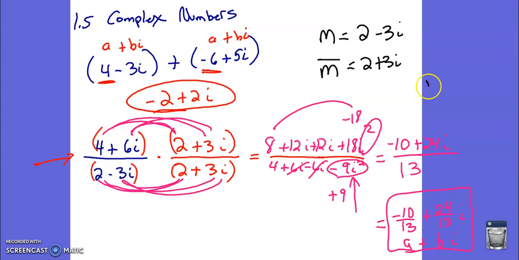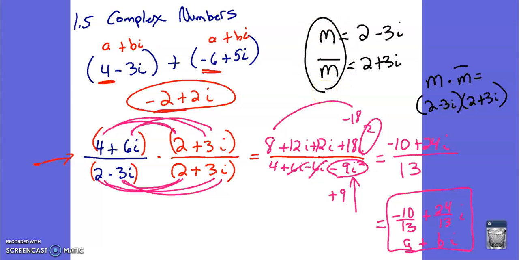So it's possible that I might say something like m times m, again with a bar over it. And what I want you to do is basically take 2 minus 3i and multiply that by 2 plus 3i. So again, you need to be familiar with the correct notation for complex numbers and the conjugate as well.